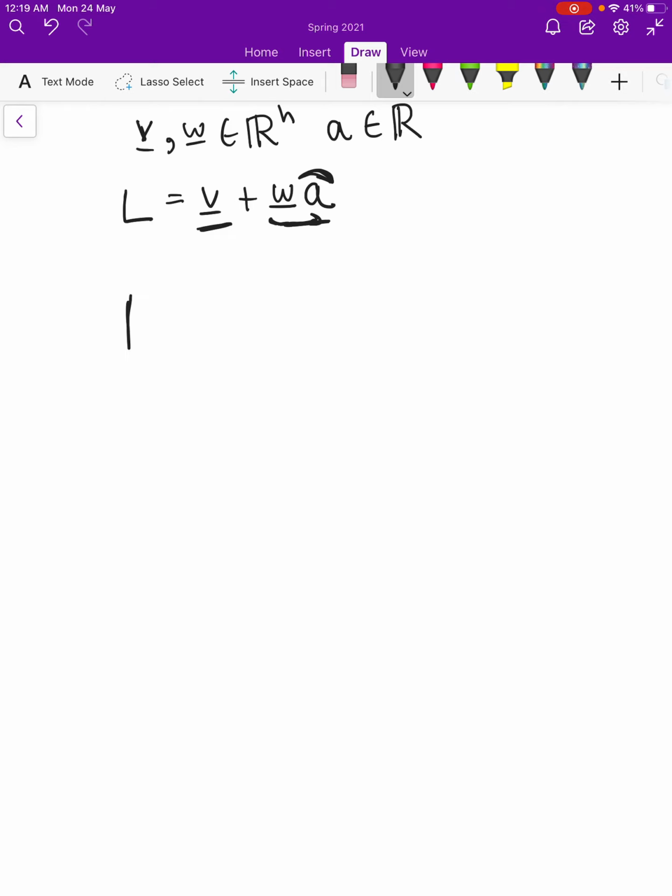Let's say a plane is denoted by p. Let's also introduce another variable. Let's say b is in the real numbers as well. Now this plane is going to be the product of b and the vector v plus the product of a and the vector w.